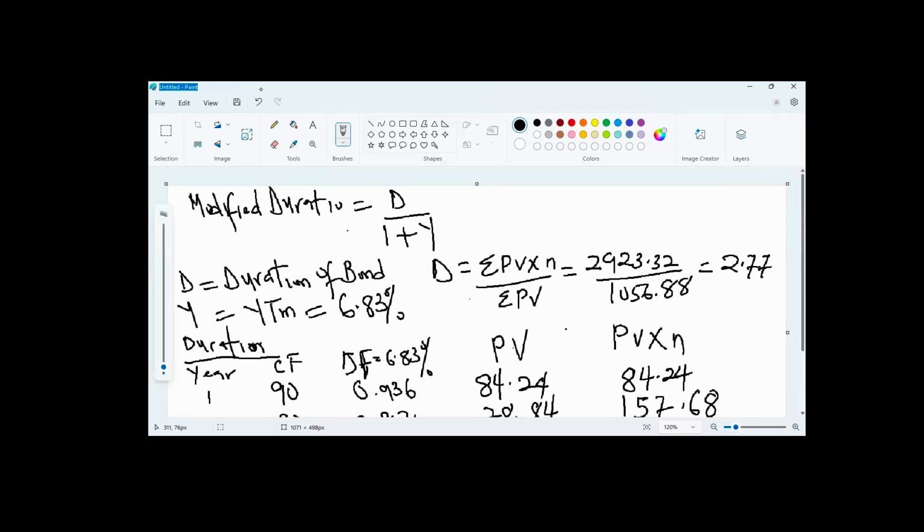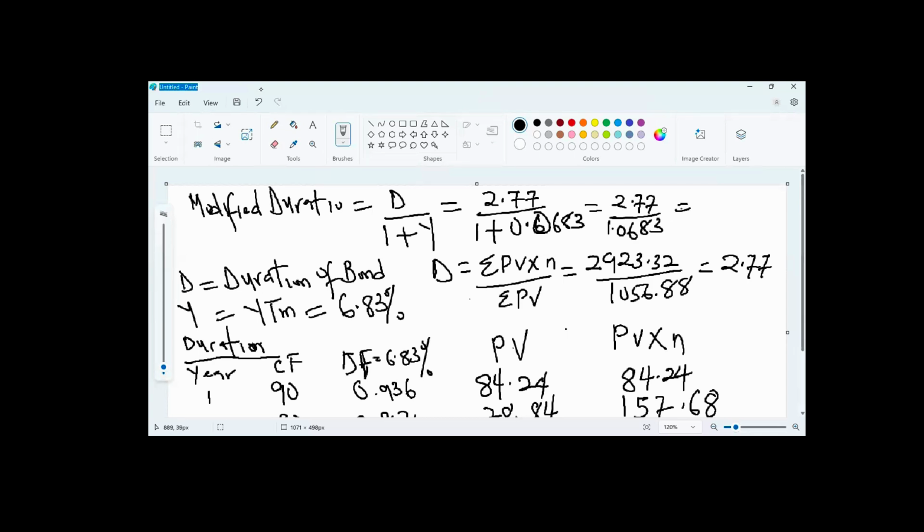Modified duration is equal to duration, 2.77, divided by 1 plus yield to maturity, 0.06883. This gives me 2.77 divided by 1.0683.